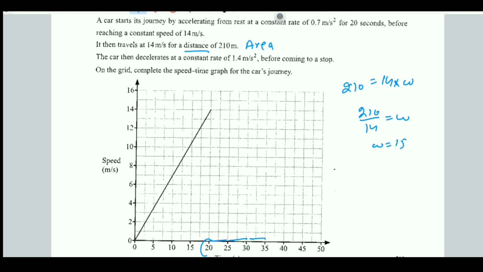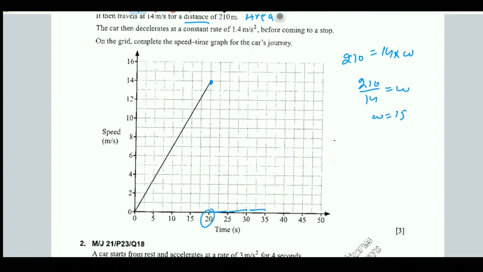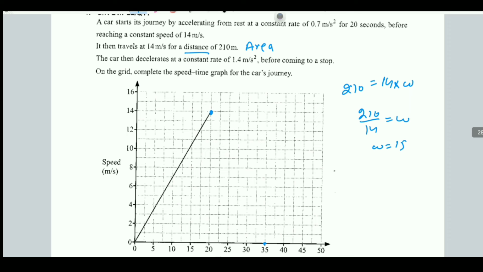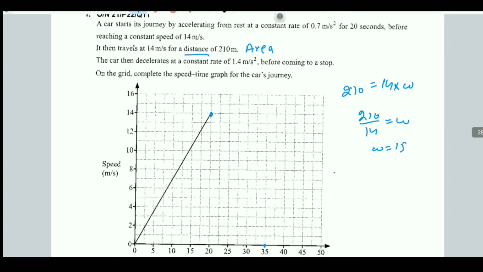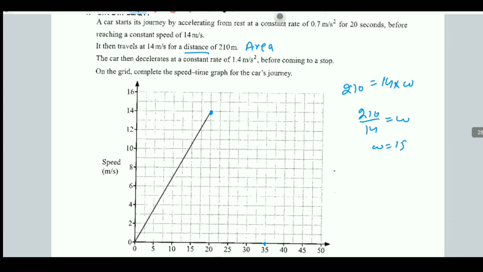This point is 20, so we will count 15 seconds more: 5, 10, 15, till 35. So W is 15, and it will be 15 till this point. You will draw like that.